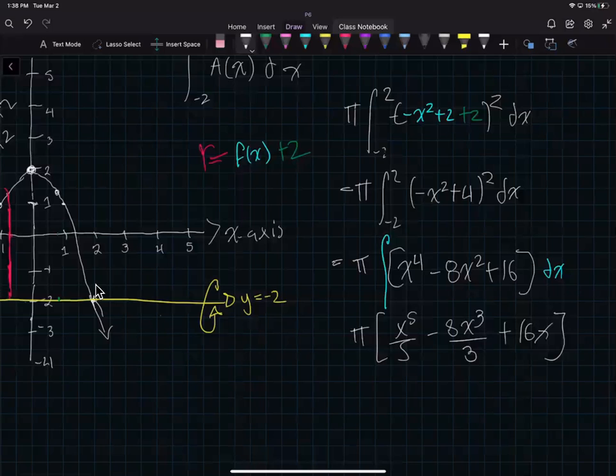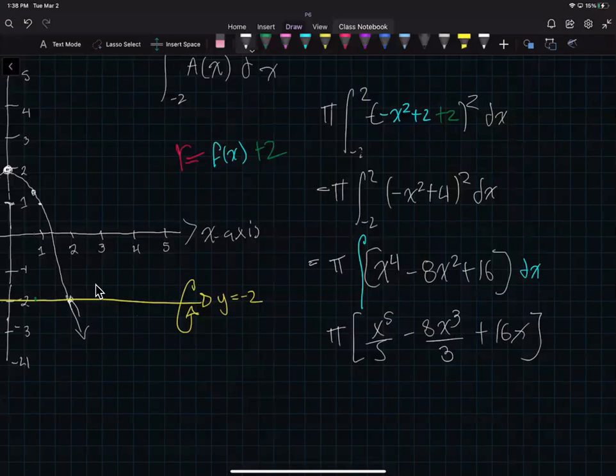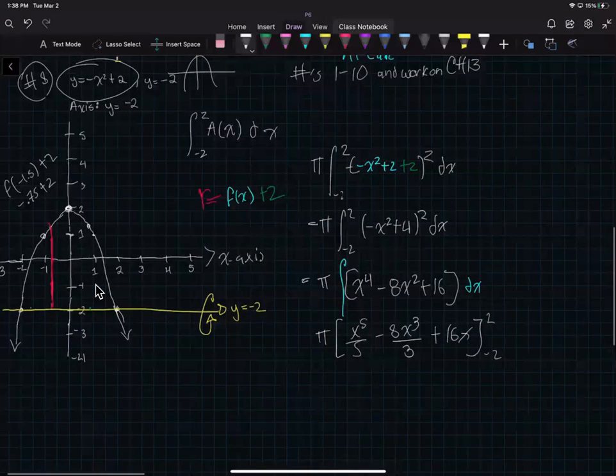Okay. And I believe that you guys can go ahead and do the rest. As you guys know, the rest is just to plug in the values, which is 2 and negative 2. All right. Any questions on this one?